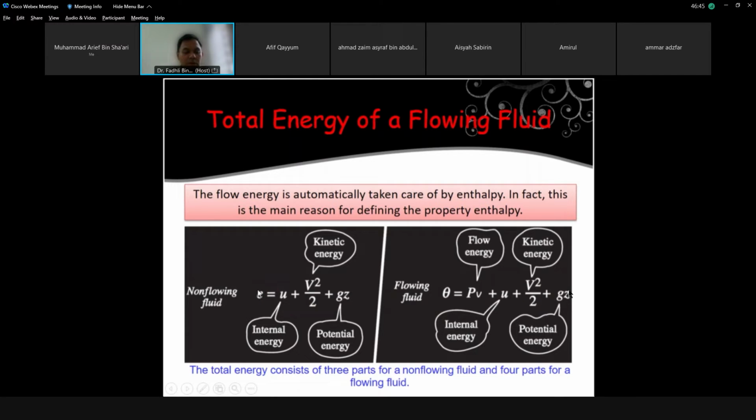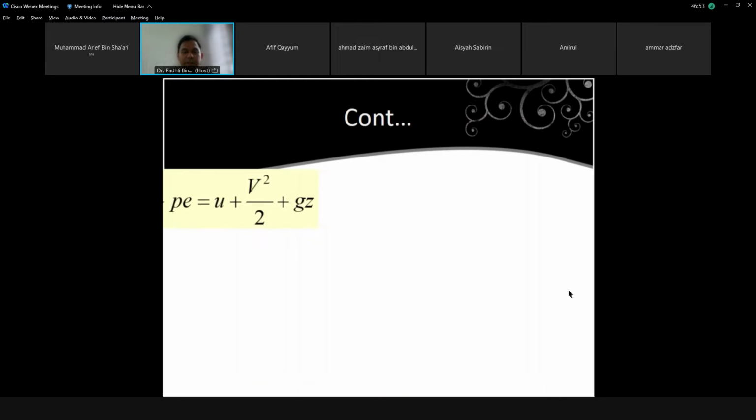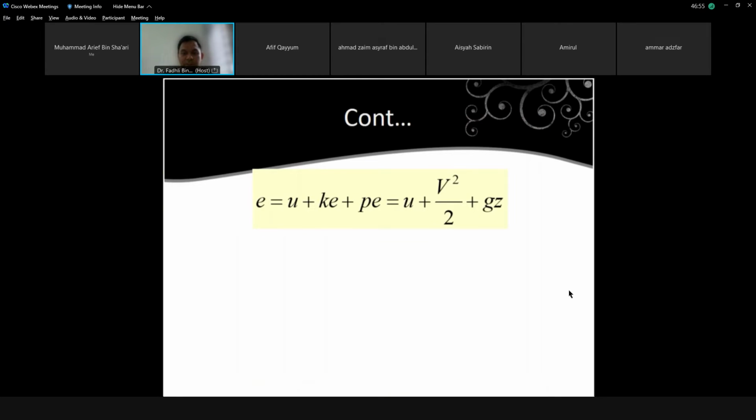The total energy consists of 3 parts for non-flowing fluid and 4 parts for a flowing fluid. Okay, so yang inilah yang saya nak cuba sampaikan tadi. E itu adalah internal energy, kinetic energy and potential energy. This is for non-flowing, for closed system. Total energy for closed system.